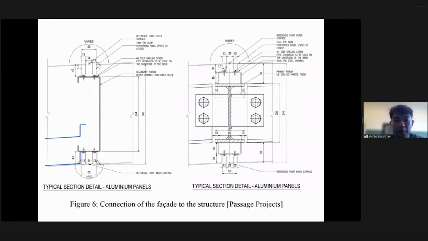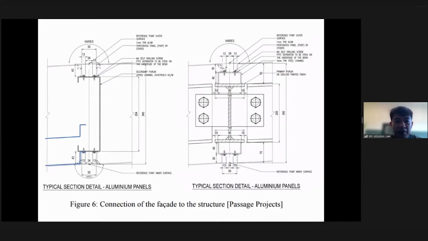So again, for Passage Projects, we wanted to see whether we could do multi-angle welding. But that came with a bit of resistance, because this was also meant to be a design and build project.